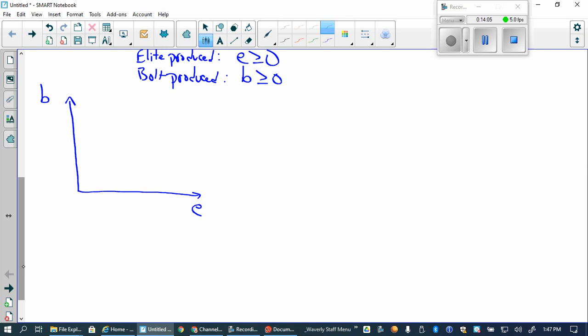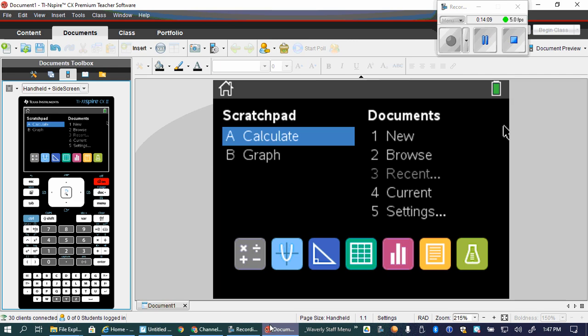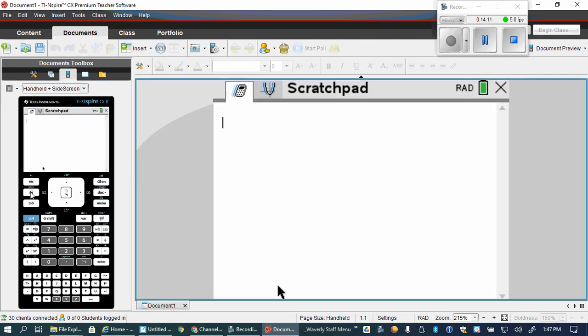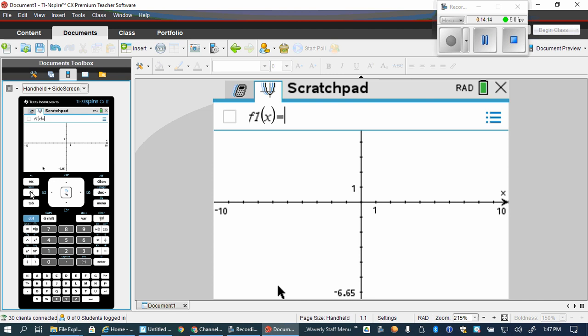All right. And so you want to be able to enter these as a relation. I'll just do this one here. Let me get the window set in first.